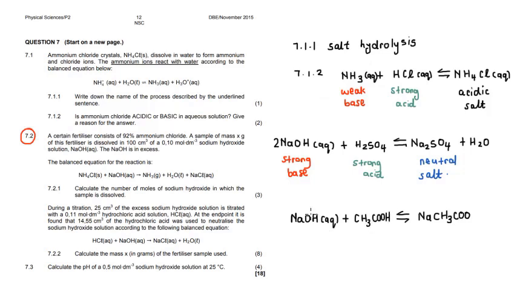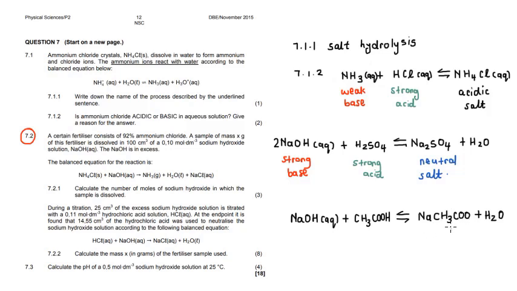Again you have that hydroxide there in your base, so this is going to be a complete reaction where you have a base plus an acid forming a salt and water. Just quickly check the balancing, looks good.